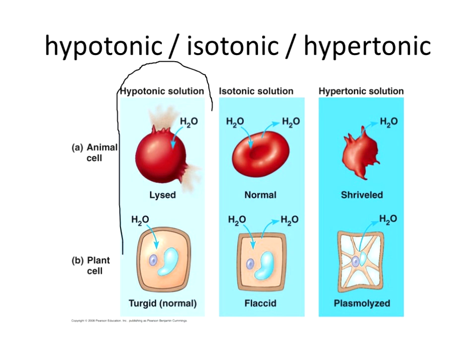So in this first diagram here, we have a hypotonic solution. Hypo means less, so the surrounding solution has less dissolved substances. So that means it's got a lot of water in that outside solution.